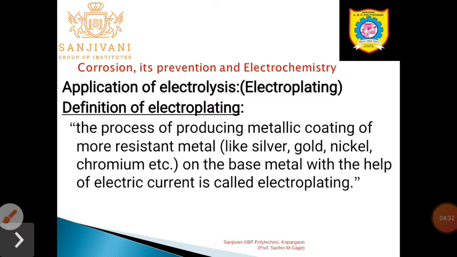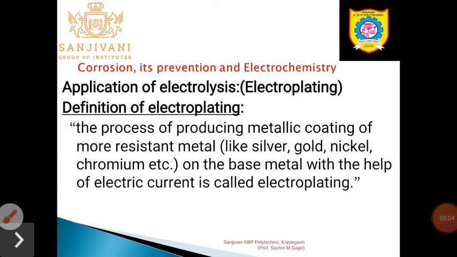Here the difference between hot dipping and electroplating is that the principle of electrolysis is used: passing the electrical current into the electrolyte produces the metallic coating of that metal onto the base metal. With the help of electrical current, we allow the mechanism of electrolysis to happen.